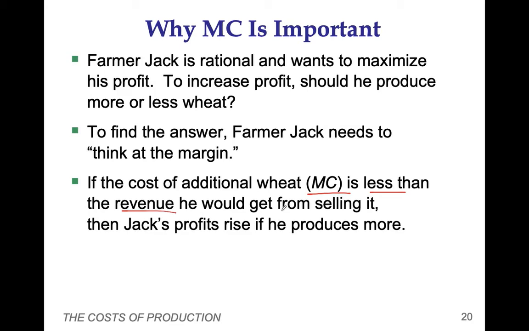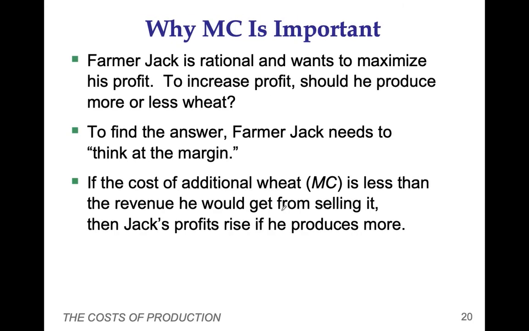So producing one more unit would clearly increase his total profit, so he will go for it. He will produce one more unit, and of course pay the costs, but it doesn't matter. The costs are still less than the revenue he can get from selling that unit of output.